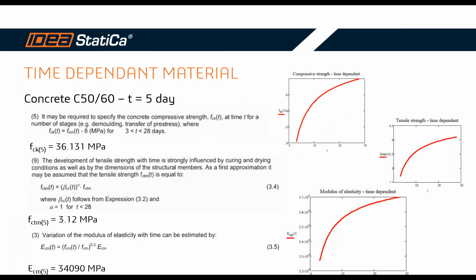And in the presentation, I have my concrete grade C50/60, and my assumption was that I would like to do the pre-stressing at the 5 day. So it means according to code, there are some rules or formulas for how you can calculate the compressive strength at some times for compression, for tension, and also the modulus of elasticity.